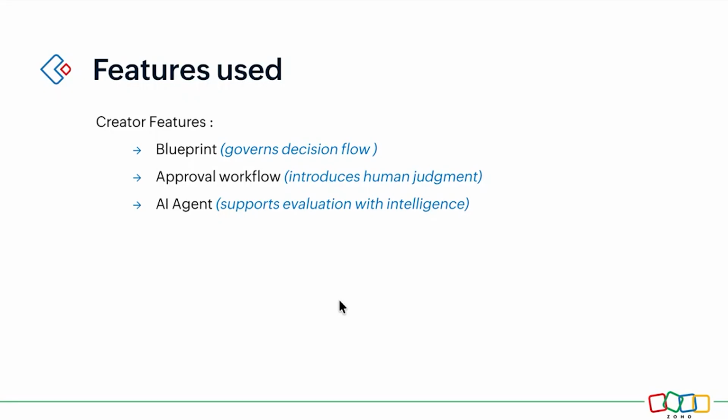So these three features together help us design a more automated, decision-centric business process. We will discuss in detail each feature I mentioned in this slide, and then we have taken a scenario to explain how these features play a major role in designing this business process.